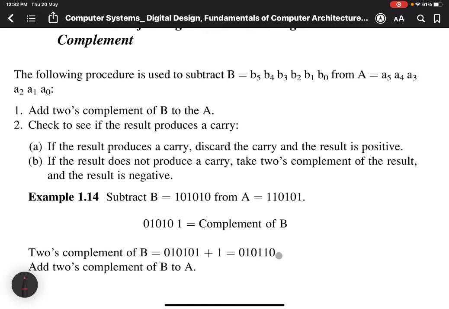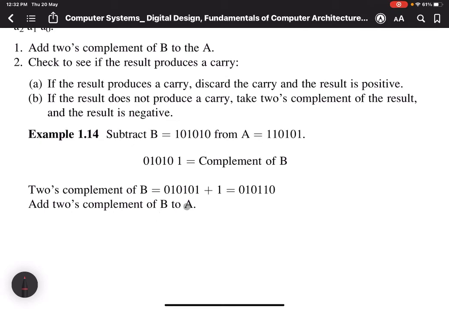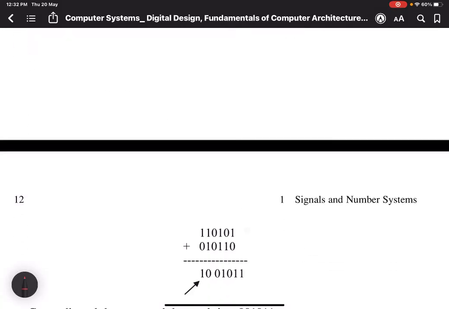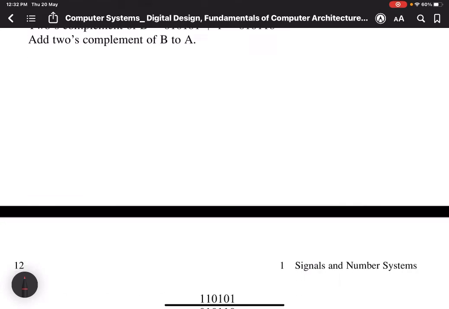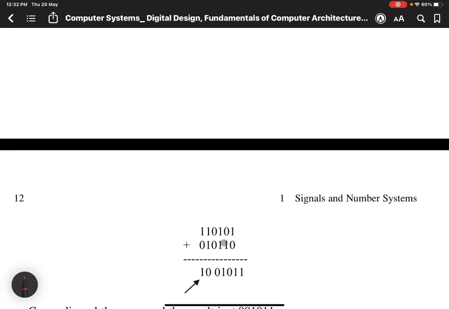This will be the complement. Okay? And then we add the 2's complement, which is ito, to A. Ito si B, remember? Yung nasa taas. Ito si A.